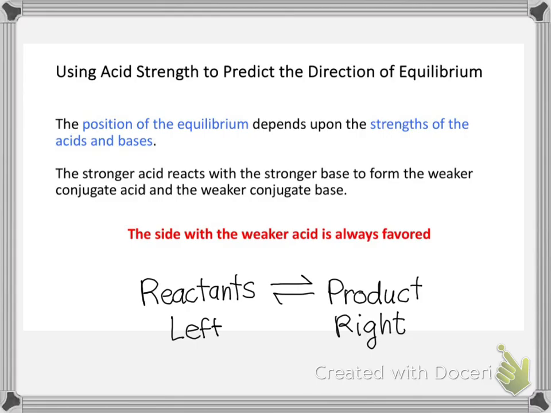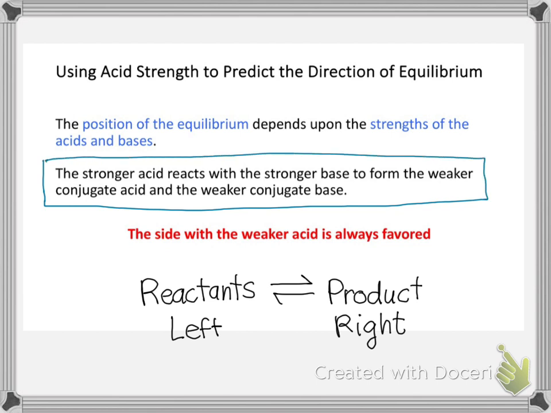Now, there's an underlying idea here. And here it is in more words, and then I'll show you. It says, the stronger acid reacts with the stronger base to form the weaker conjugate acid and the weaker conjugate base. Okay, so that's a lot of words.